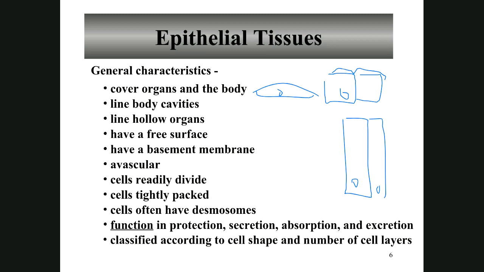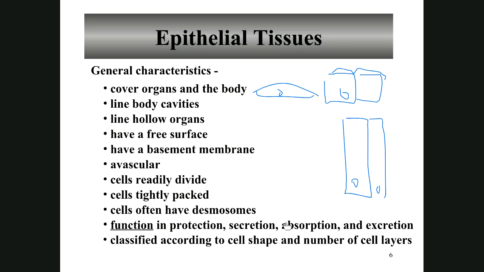And the functions depend on where you find them, but their functions, as you can see, are numerous. Obviously, in the skin, it's protection. In the case of glandular, which is a modified epithelium, it provides secretion.